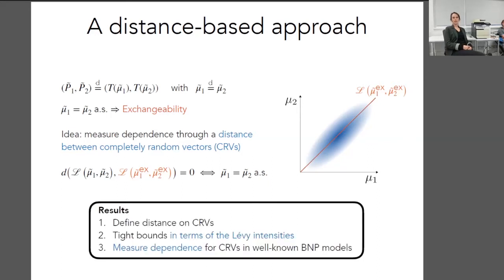So the results that we achieved in this work have been, first of all, to define the first tractable and informative distance on completely random vectors that is available in the literature.